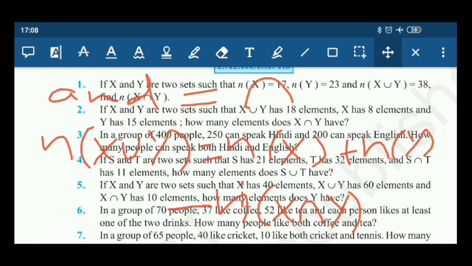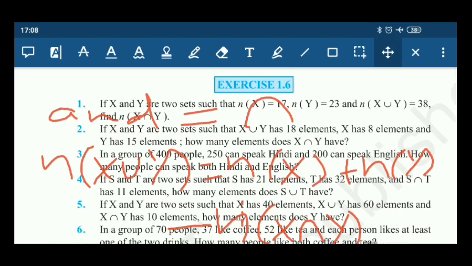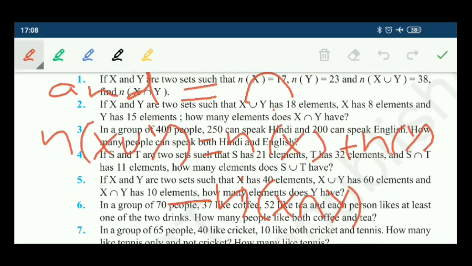So here again we will find the intersection of those who are speaking Hindi and English. Let us suppose the number of people who speak Hindi are X, and those speaking English, let us suppose they are Y.